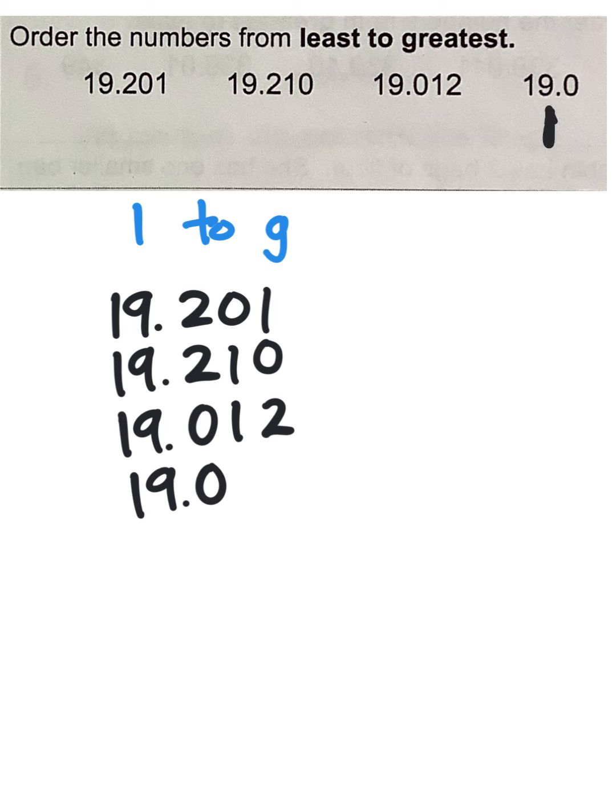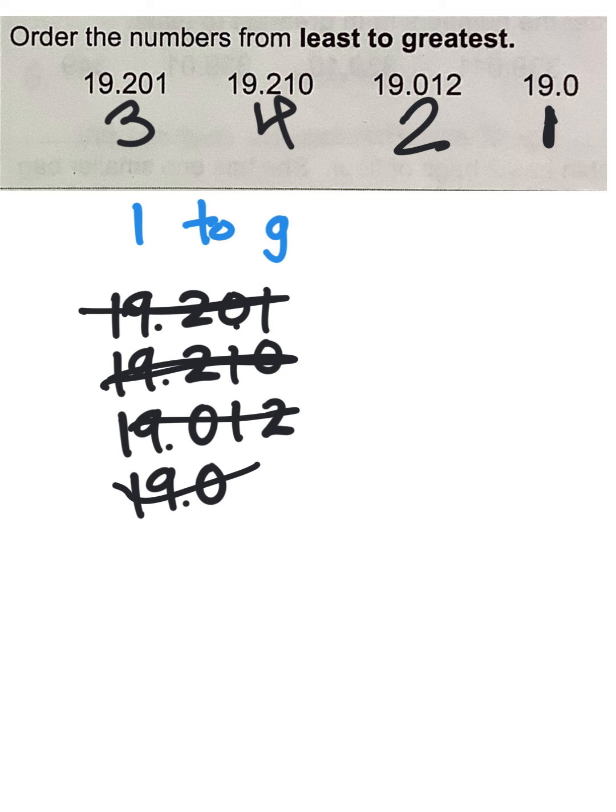Now we go to the 0, the 1, so this one. Now those are both marked off. So now this one, because it has the 2, are they equal, but this one's smaller, so that would only leave this one to be number 4.